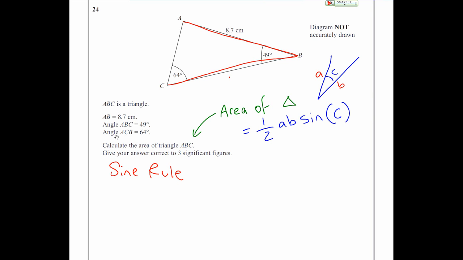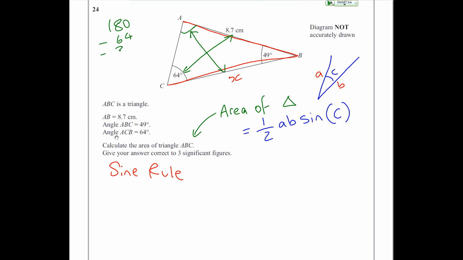Now for the sine rule, let's call this x. What you need is a length and its opposite angle, and another length and its opposite angle. So we need this angle here. Now to find that, it's easy because there's 180 degrees in a triangle.